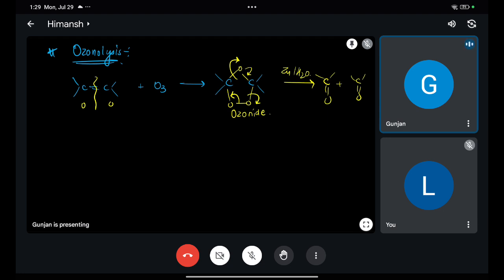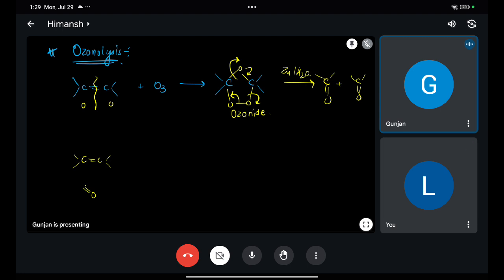Any doubt, Iman, so far? No, not this. I mean, the first step, how this ozonide structure is formed. How is this forming? That's an alkene.